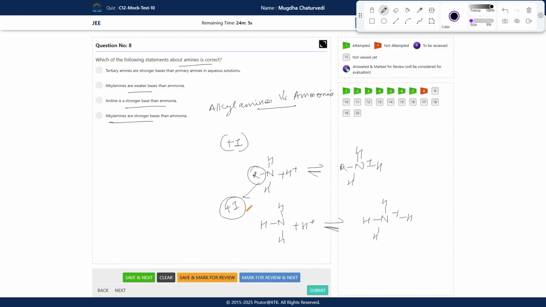This plus I effect pushes the electron density towards the nitrogen. The substituted ammonium ion formed from the alkyl amines is more stable than the ammonium ion from ammonia. This is because of the dispersal of the positive charge by the plus I effect of the alkyl group. So comparing alkyl amine versus ammonia, alkyl amines are stronger bases than ammonia.